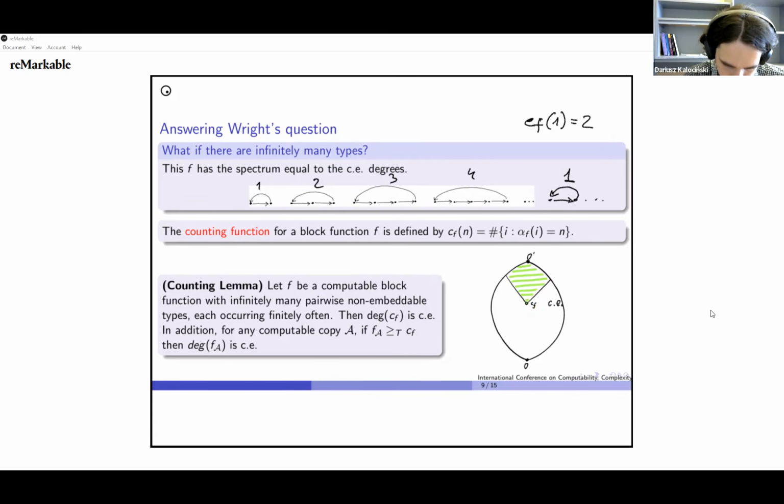And in addition, for any computable copy A of natural numbers with standard order, if the image of A in the copy can compute the counting function, the degree spectrum of f sub A is also CD.